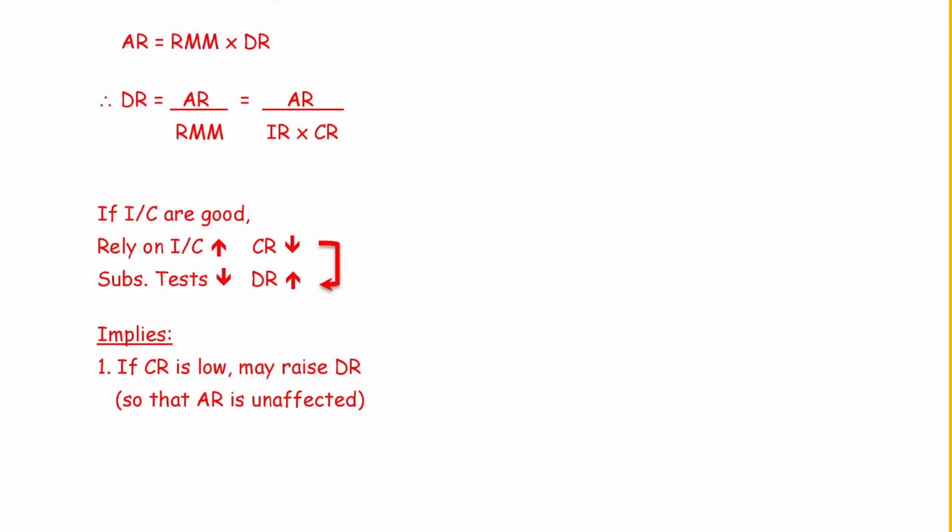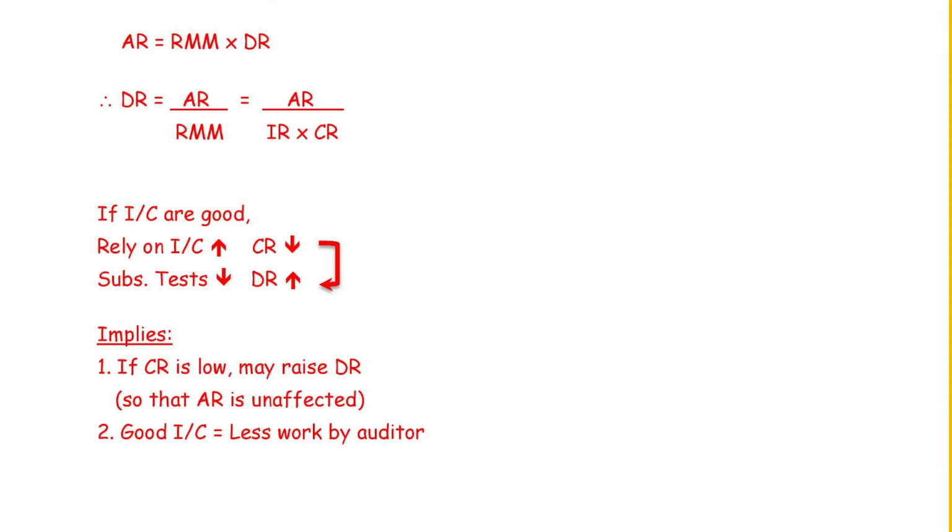Number two, good internal controls mean that less work is required by the auditor. So we've seen what happens when internal controls are good.